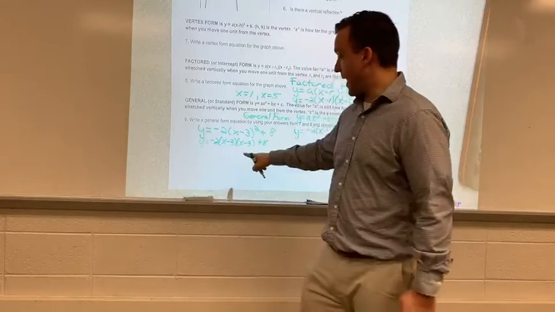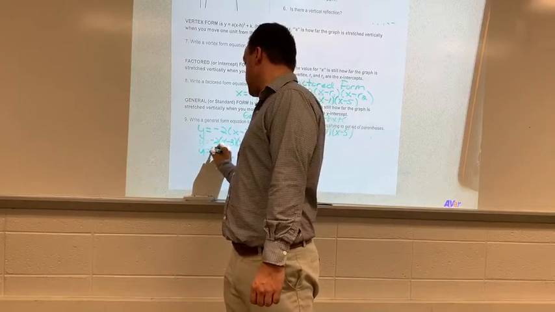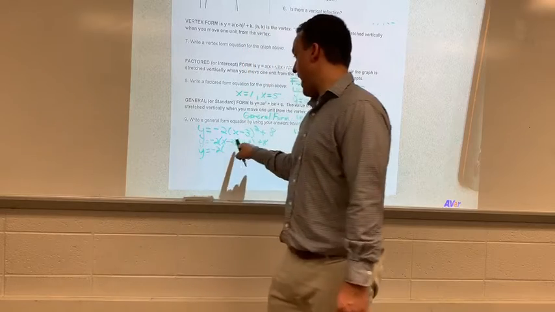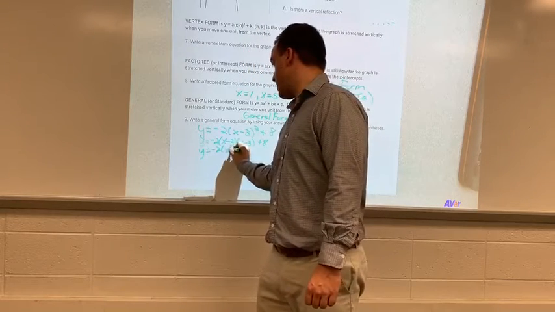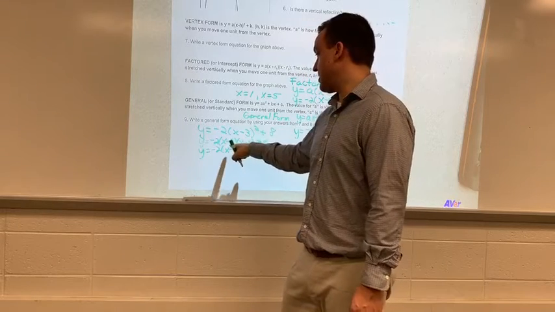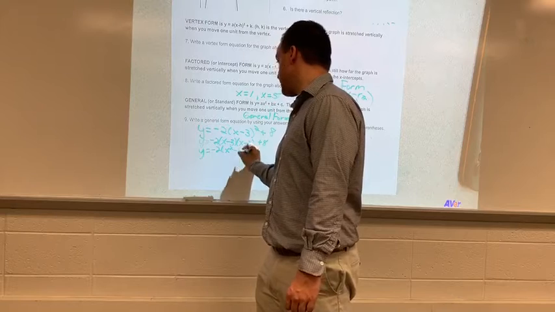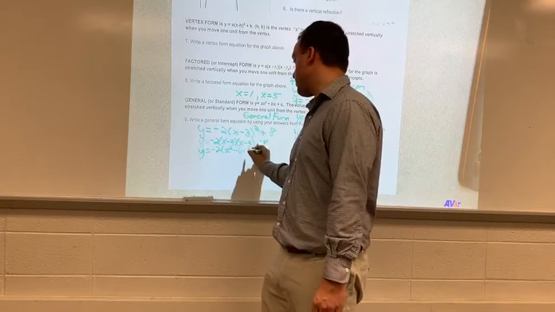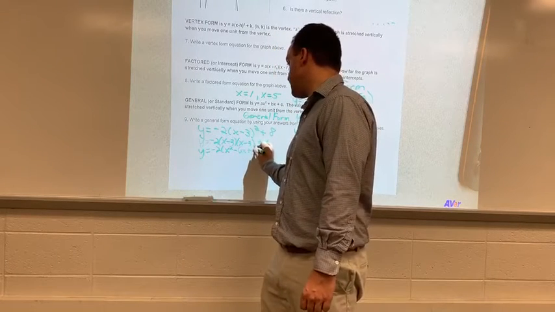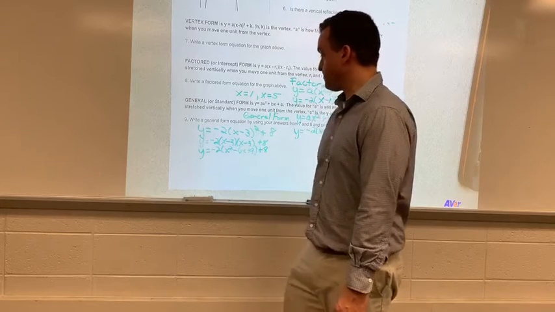Then I'm going to expand or distribute. So I'm going to leave the -2 in front. So -2 times x gives me x squared. X times -3 is -3x. And then I have another -3x, so that's -6x. And then -3 times -3 gives me +9. Closing the parentheses, and then I add 8.